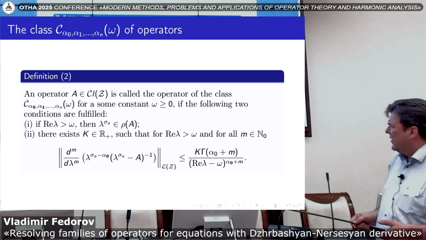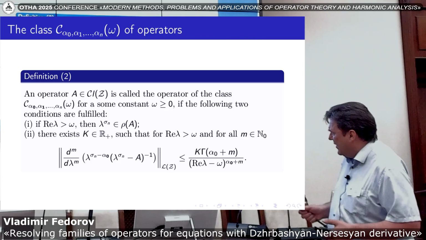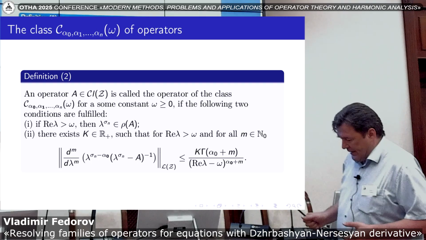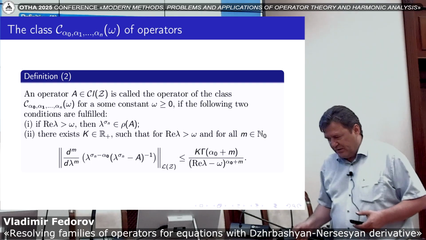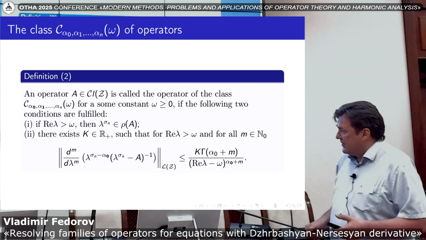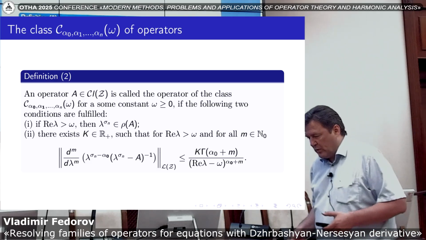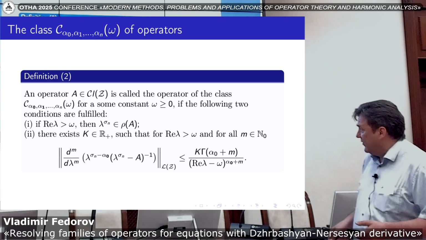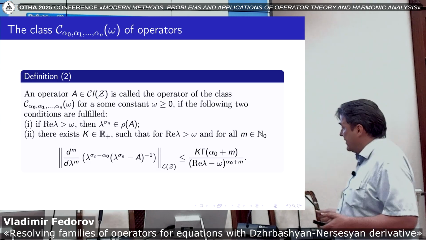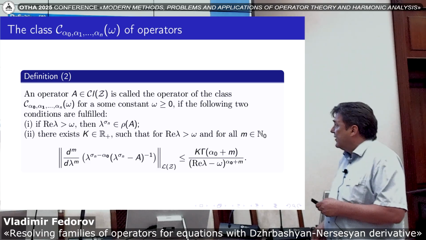When sigma n is alpha and alpha 0 is 1, it will be Emilia Bazhlekova's conditions, which are necessary and sufficient for the existence of the resolving family for the equation with the Gerasimov-Caputo derivative. Here we have such a situation for our equation with the Dzhbashan-Nersesyan derivative.